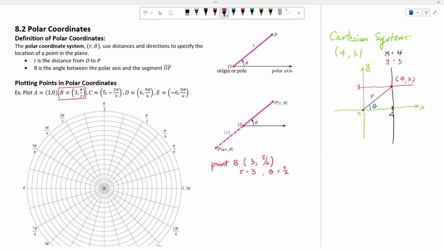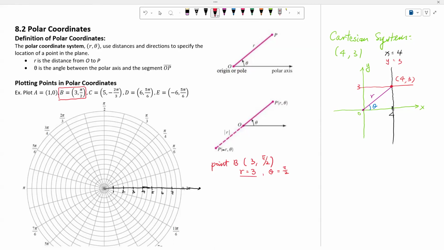So how do we actually work it out? First of all, I would like to draw a polar axis. On this polar axis, I would like to put down the scale. So if this is 1 unit, this is 2, 3, 4, 5, 6, 7. What does r equal to 3 mean?